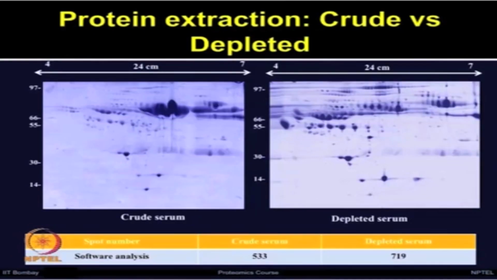Since we standardized our conditions on the small gels earlier, we also tried to apply that on the large gel of 24 centimeters, because that is where we have to perform all our analysis. We again compared crude versus depleted serum samples on the large gel, and as expected, the depleted serum sample showed more spots as compared to the crude serum sample.